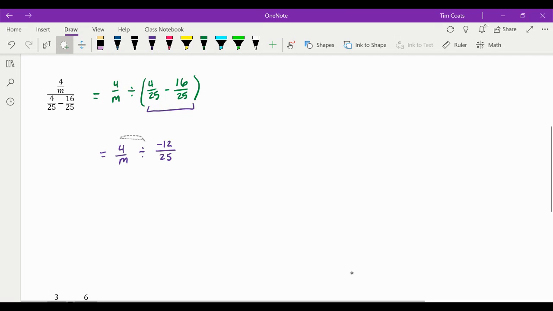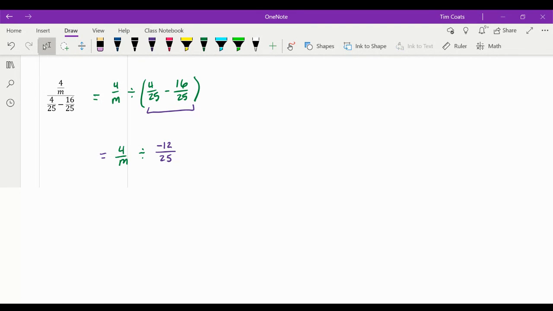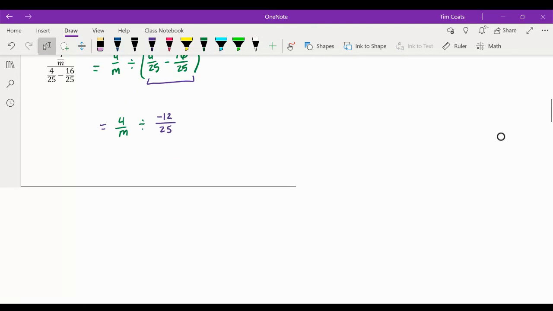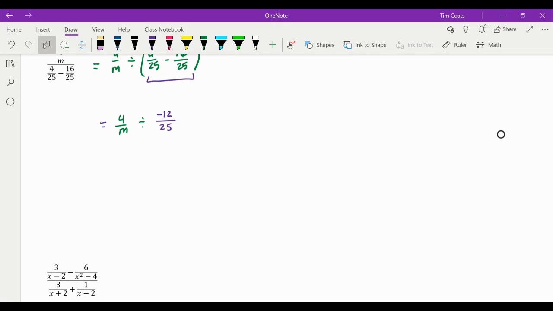Let me change this back to the color that we were originally working in. So now you can see that's where my denominator comes in here. Now if we have this, 4 over m, we're going to change it to multiplied by the reciprocal, 25 over negative 12. And so that would be 100 on top divided by negative 12m.